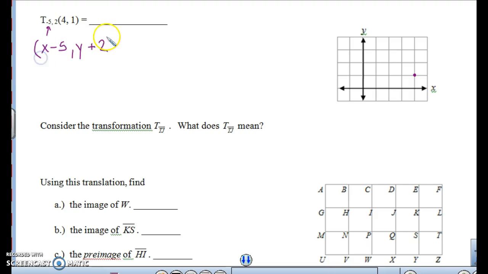So that's what that rule means. So if I take this point, I want to go 5 to the left because it's minus 5, and then plus 2 means we're going to go 2 up. So let's see what algebraically and graphically where we end up. So 4 minus 5, and 1 plus 2.